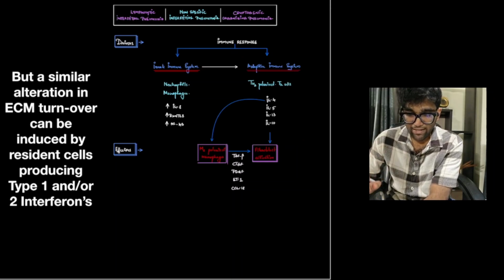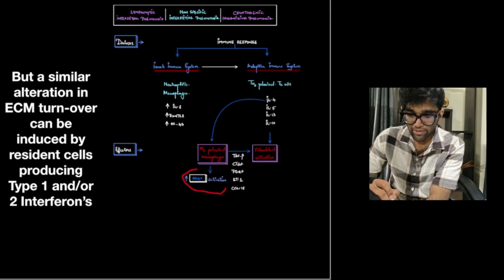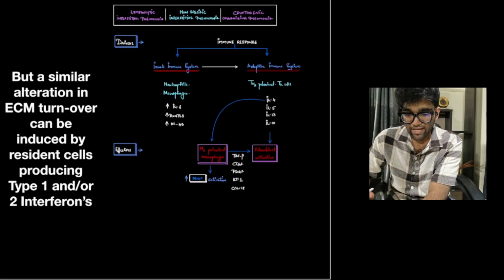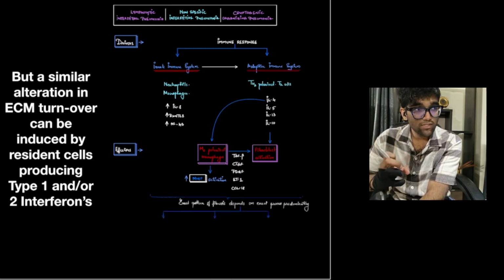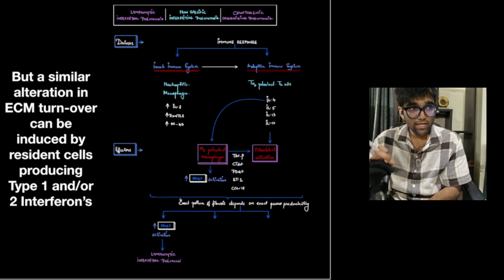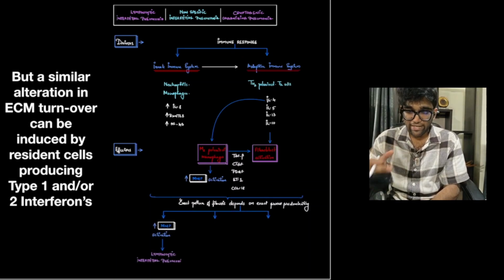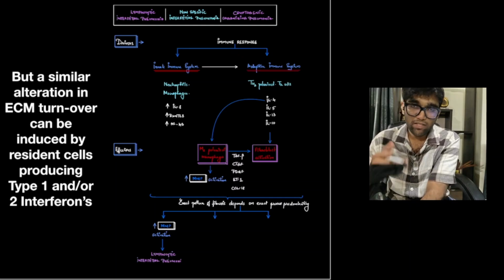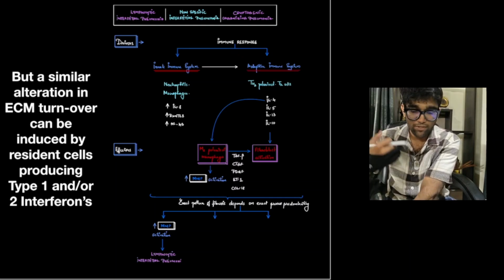The M2 macrophages also produce matrix metalloproteinases, and they can result in matrix degradation, resulting in fusion of alveoli and cyst formation. But again, it depends on the genetics of the patient and how much matrix metalloproteinase is produced, how much fibroblast proliferation occurs, etc.